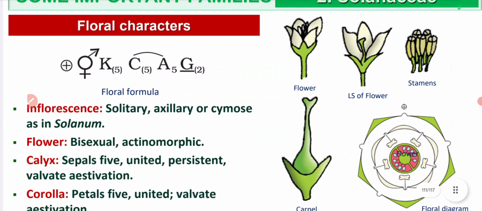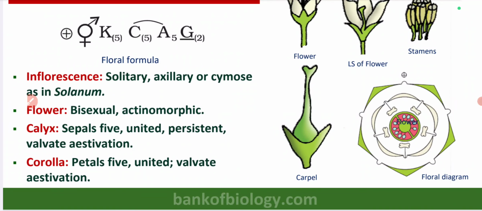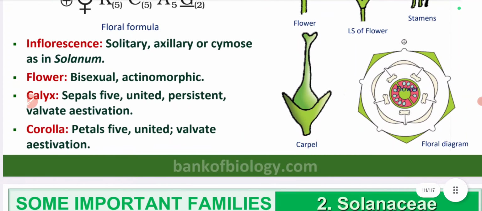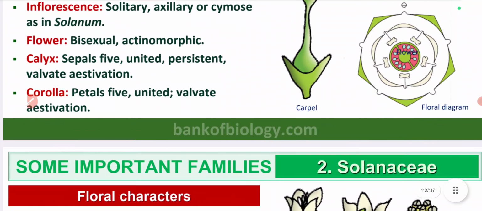As you can see, this is the floral formula. Inflorescence solitary, axillary or cymose as in Solanum. Flower bisexual, actinomorphic, calyx means sepals 5, united, persistent, valvate aestivation. Corolla, petals 5, united, valvate aestivation. When united, this symbol is used like this.